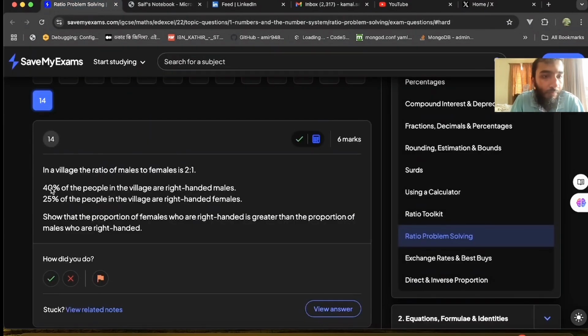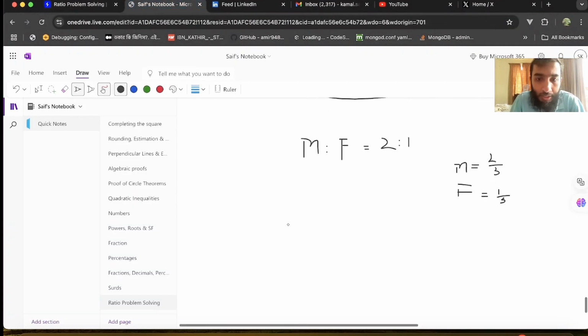Okay, so 40% of the village, of the entire population, 40% of it are right-handed males. So if I denote right-handed males as MR, so 40% of the entire population.